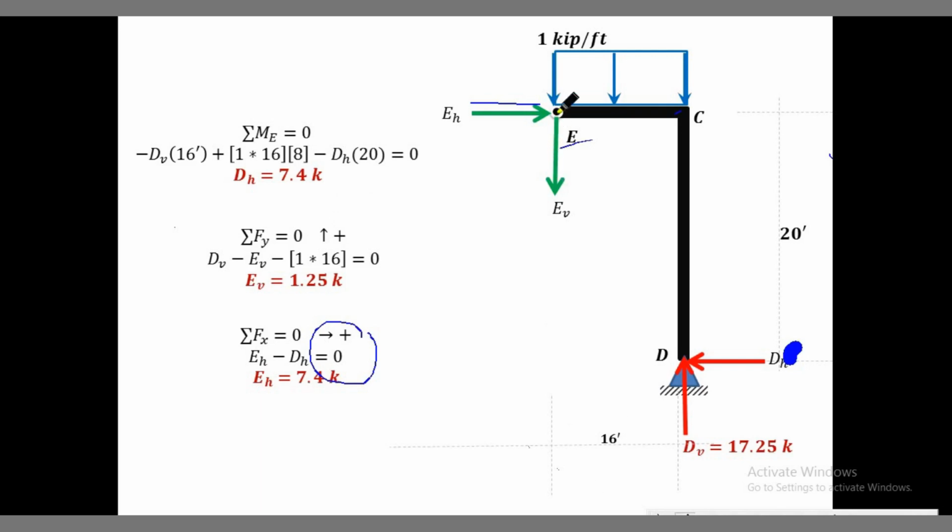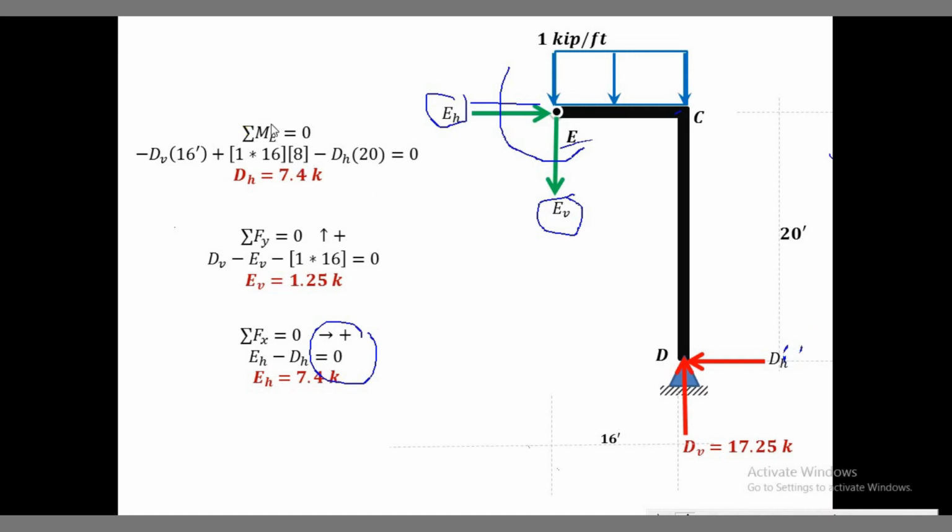Again, this is an internal hinge, so do not forget, meron tayong internal reactions. Meron tayong EH, EV. And do not forget, meron tayong moment dito. But inalis ko na si moment kasi magiging zero siya. If you want to double check, magiging zero ba talaga? You may double check that one.